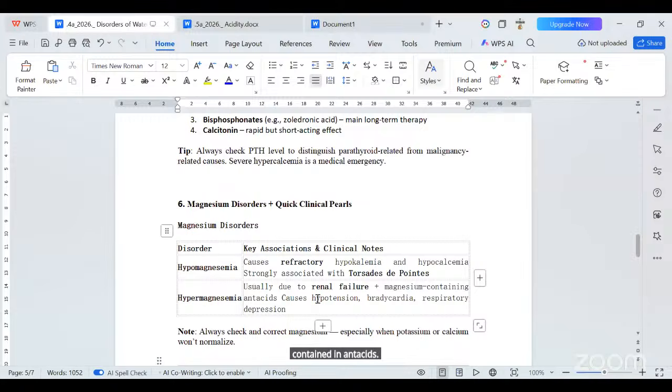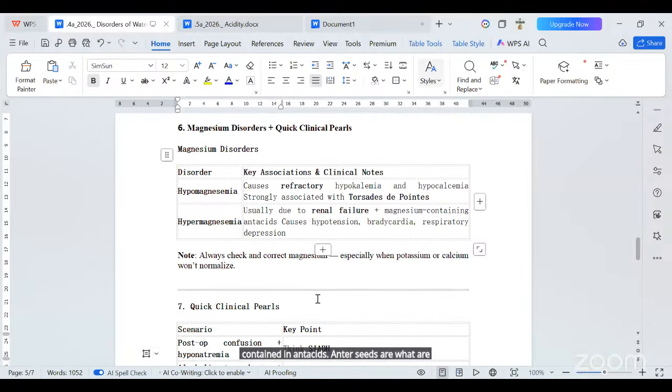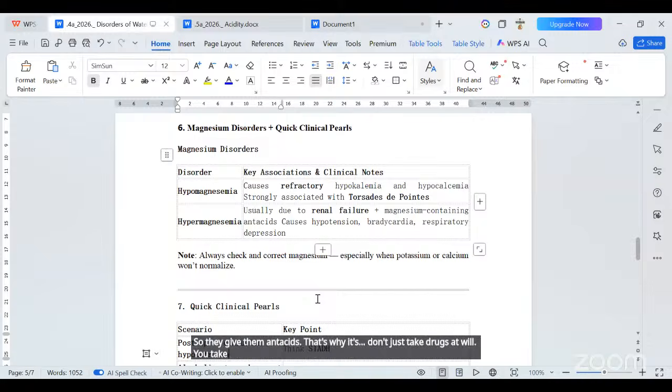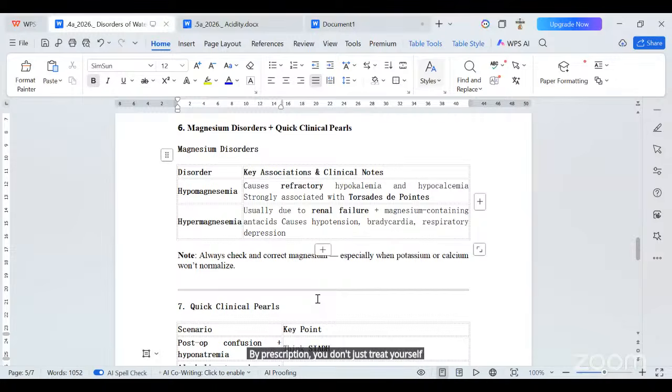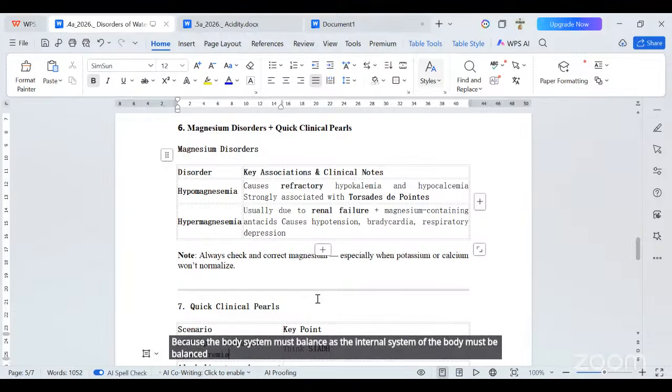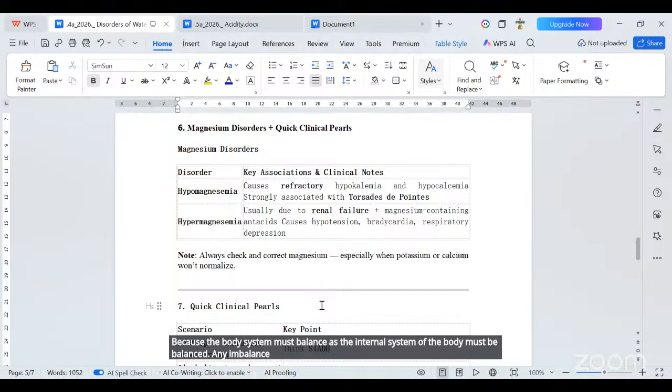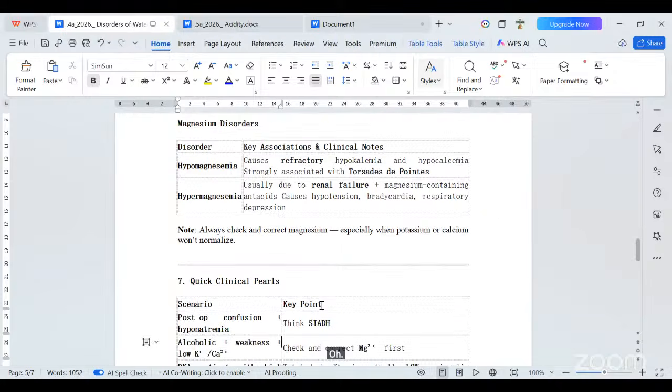Antacids are what are used for some people who have peptic ulcers. So they give them antacids. That's why you don't just take drugs at will. You take it by prescription. You don't just treat yourself because the body system must balance. That's the internal system of the body must be balanced. Any imbalance could lead to detrimental effects.